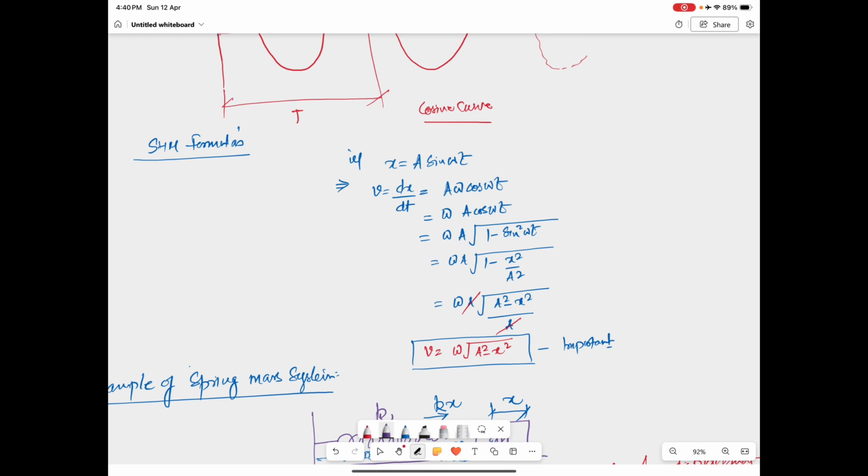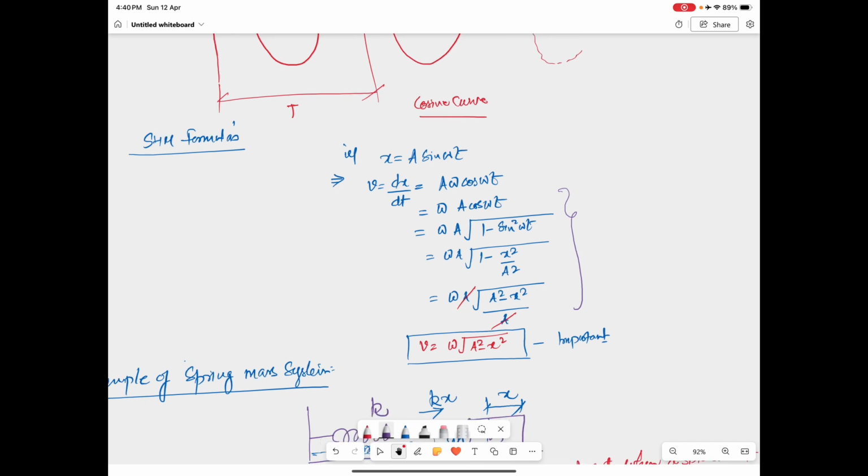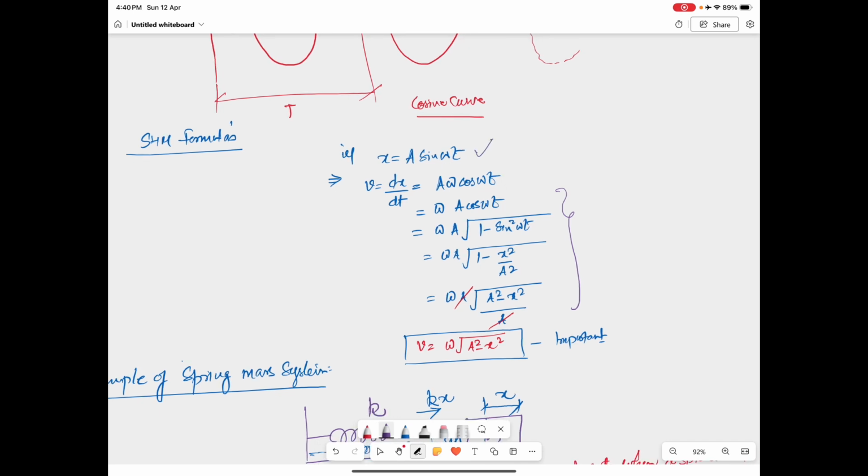I have substituted the value of cos omega t as under root of 1 minus sin square omega t, keeping A outside, and sin square omega t will be nothing but x square by A square, which is evident from this equation. So it will become omega A under root of 1 minus x square by A square, that is omega times under root of A square minus x square.